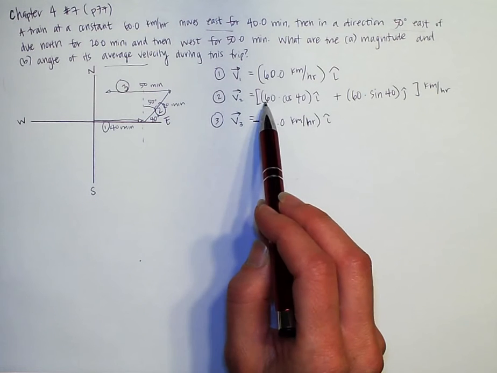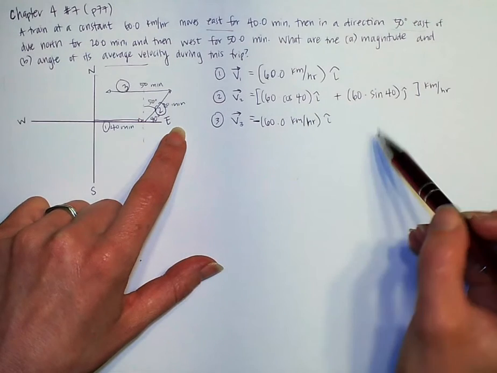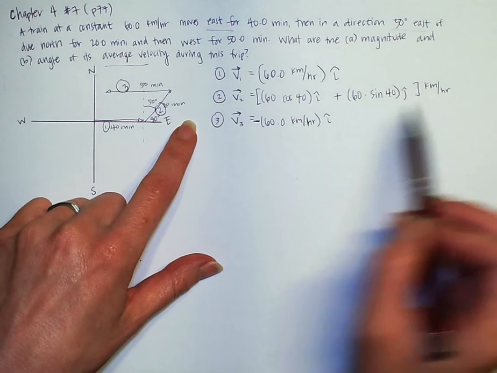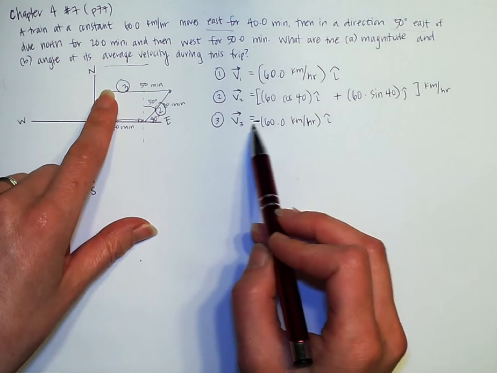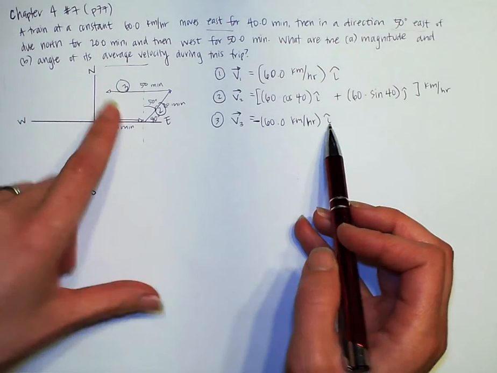So I have 60 times cosine 40 for our i hat, and 60 times sine of 40 for our j hat, and I put our units over here. For the third segment, it's only in our x direction, but in the negative x direction now, so that's negative 60 kilometers per hour i hat.